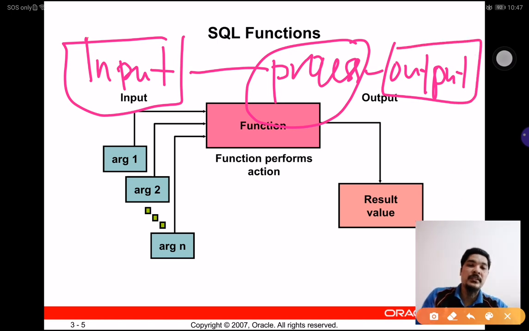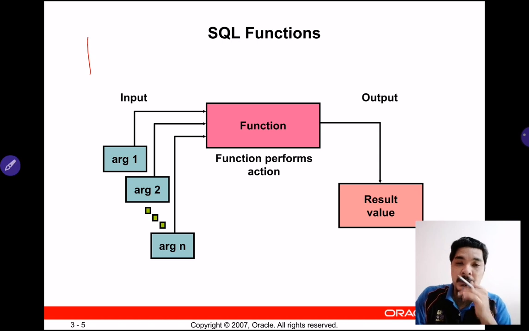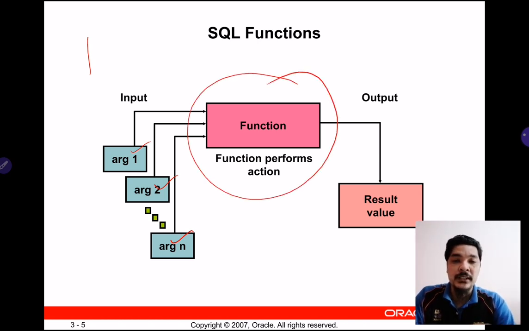This is the normal process for any ICT process and also for functions. The input will be processed and come out as the output. In our example, the input may be the argument, and the function will perform all the calculations and come out with the result.